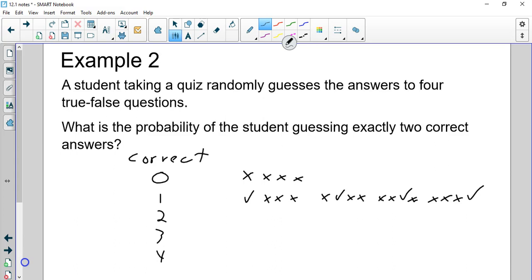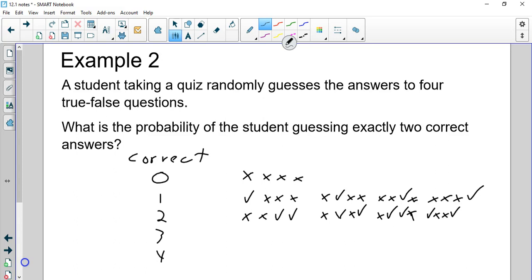Now, two correct. You could have had the first two wrong and the last two right. You could have every other one. You could have the middle two right. You could have the middle two wrong.